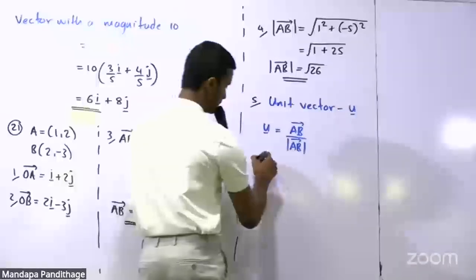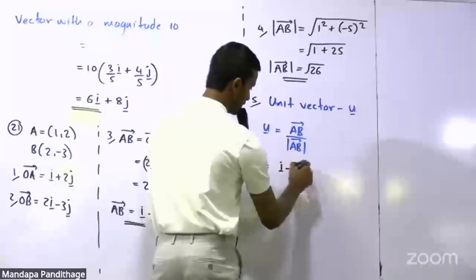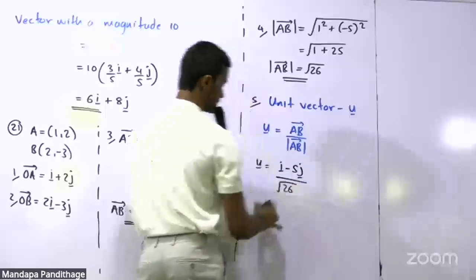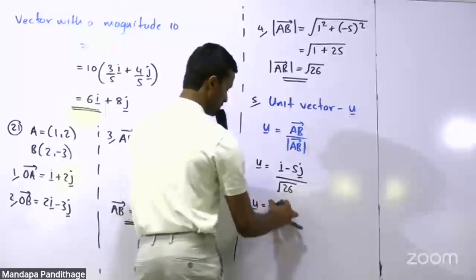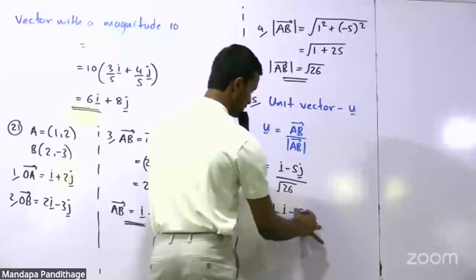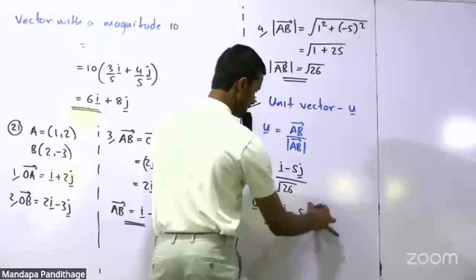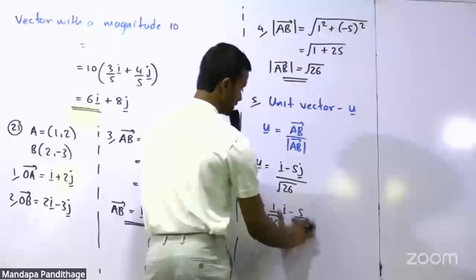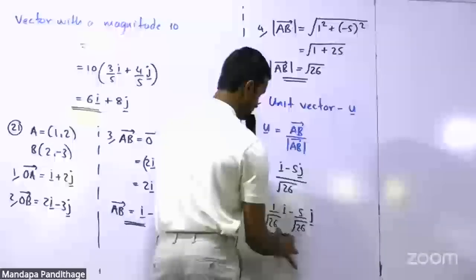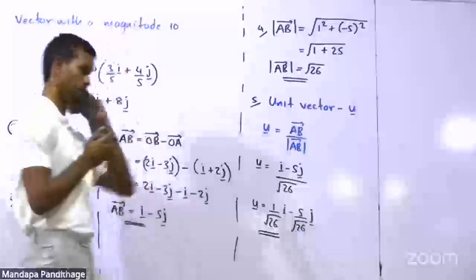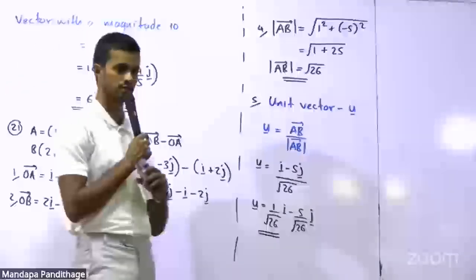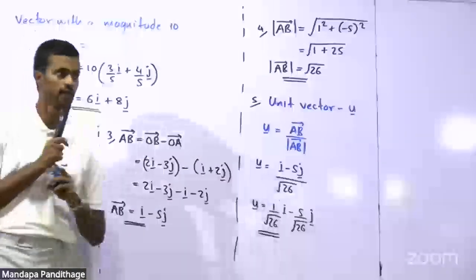Okay, then u is equal to i minus 5j over root 26, which is 1 over root 26 i minus 5 over root 26 j. Okay, got the answers. Then do the next one, 22.